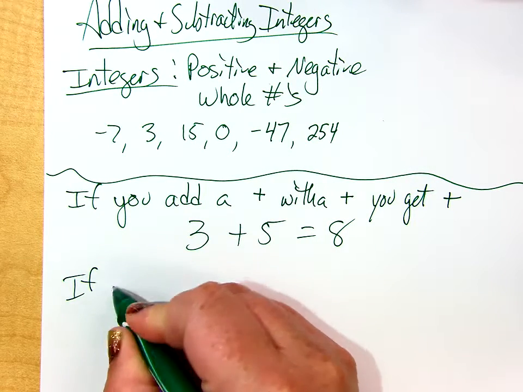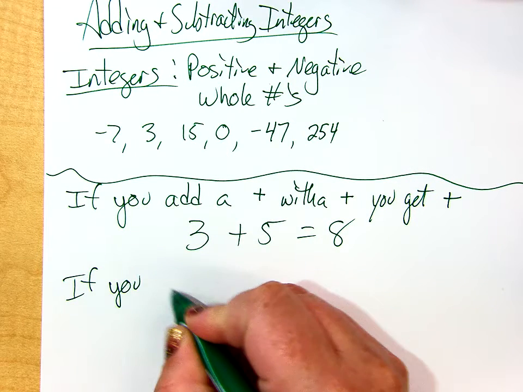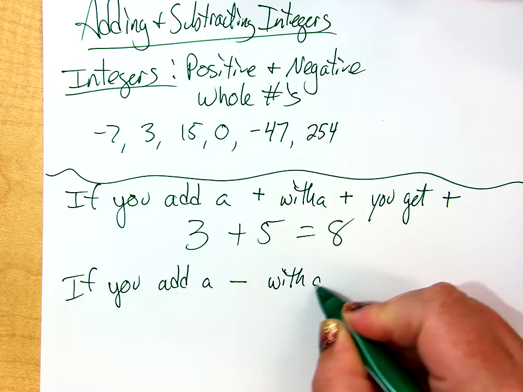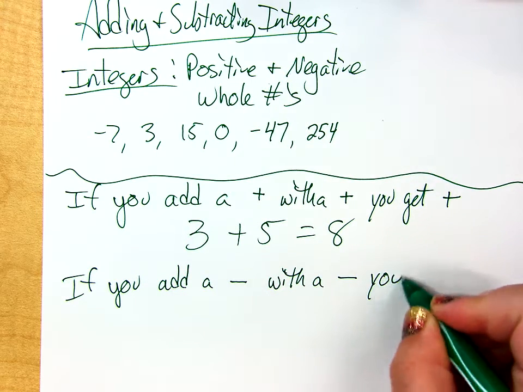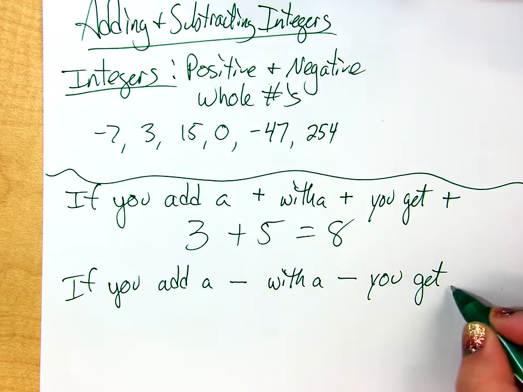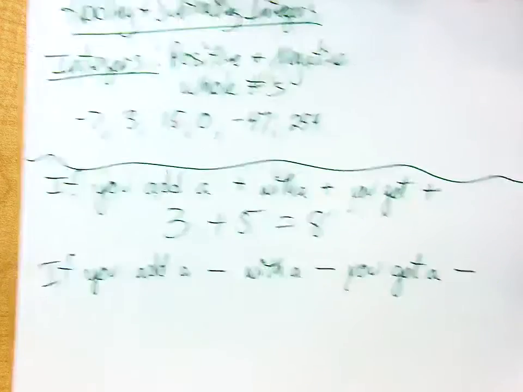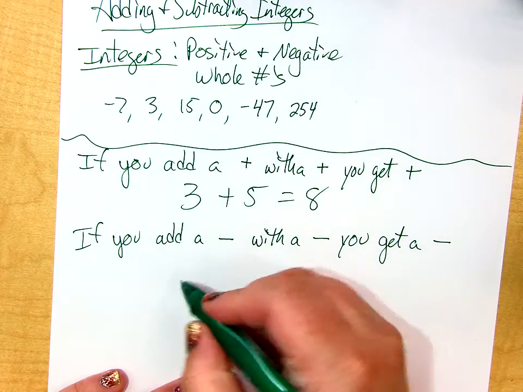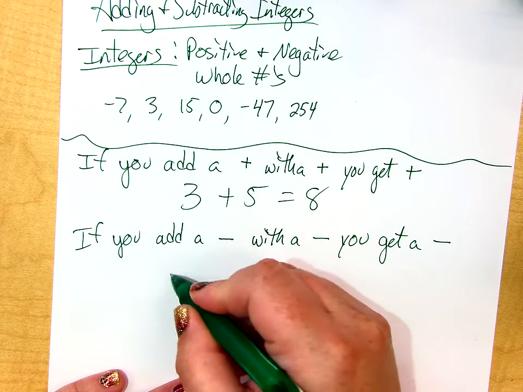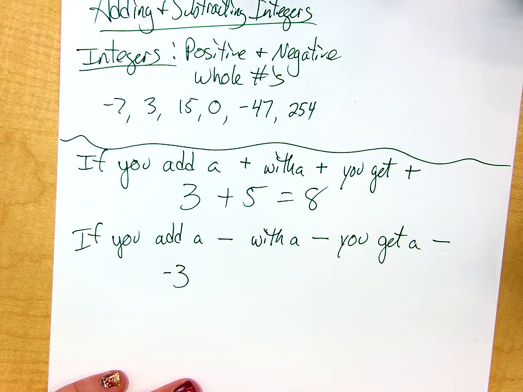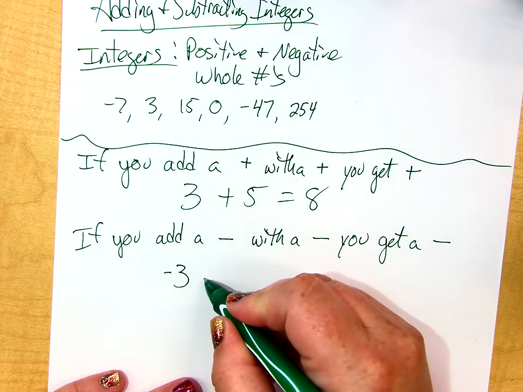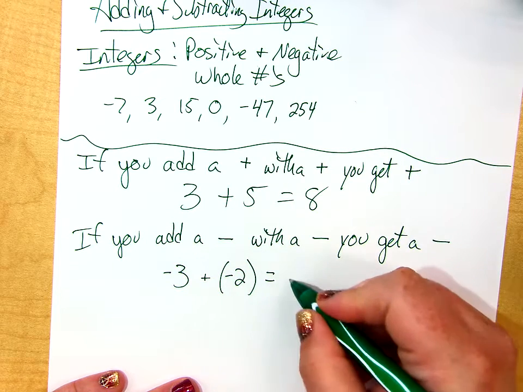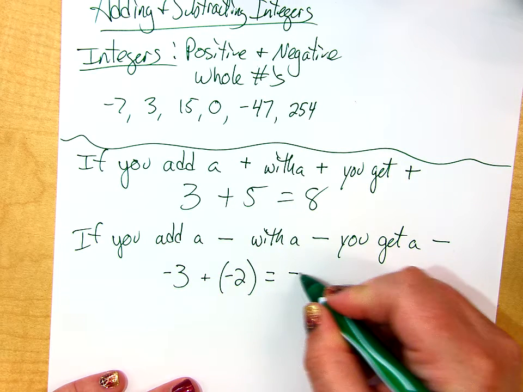So if you add a negative with a negative, you get a negative. It doesn't change. If I'm down by 3 points, and then I lose another 2 points, now I'm down by 5.